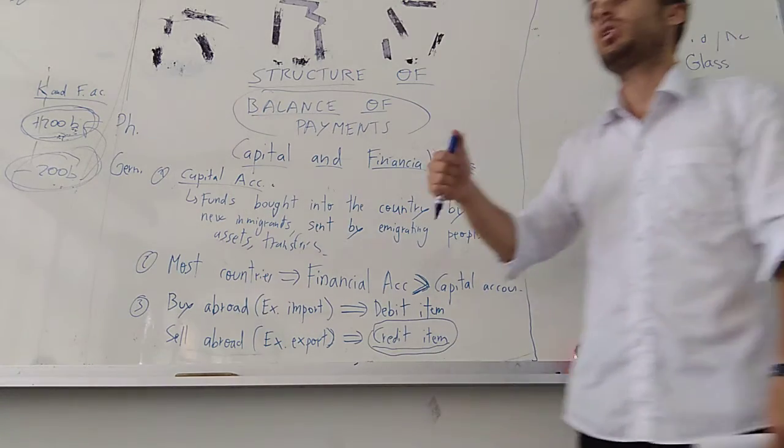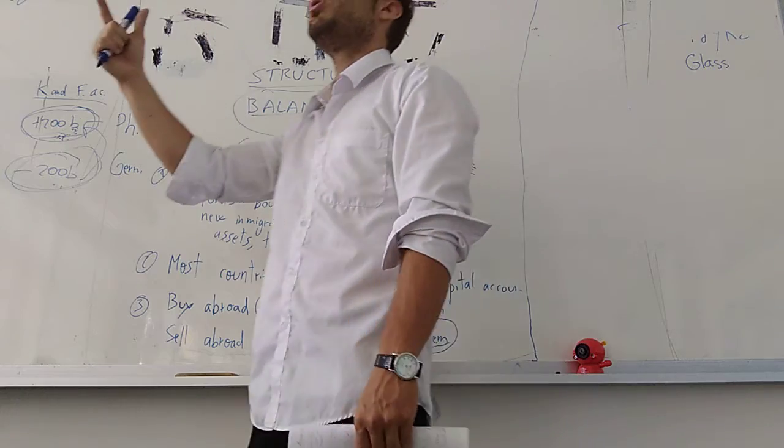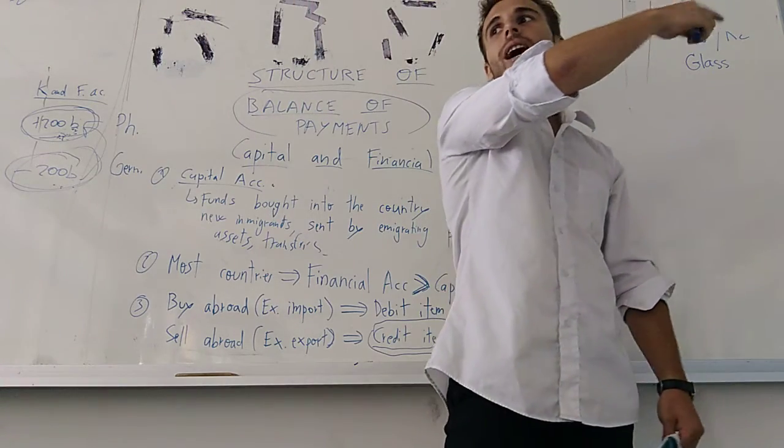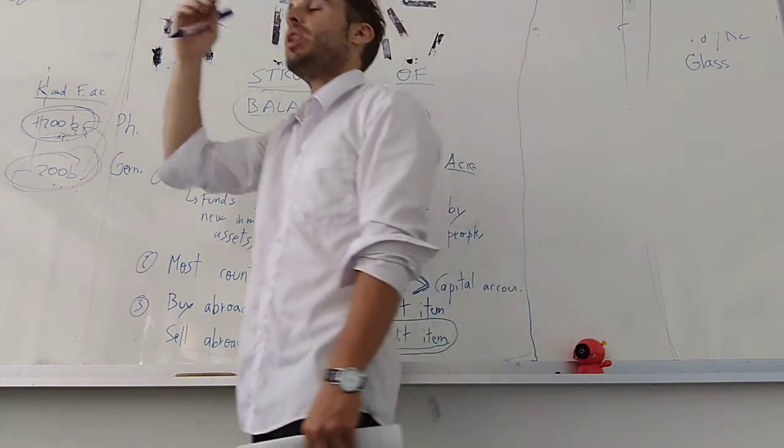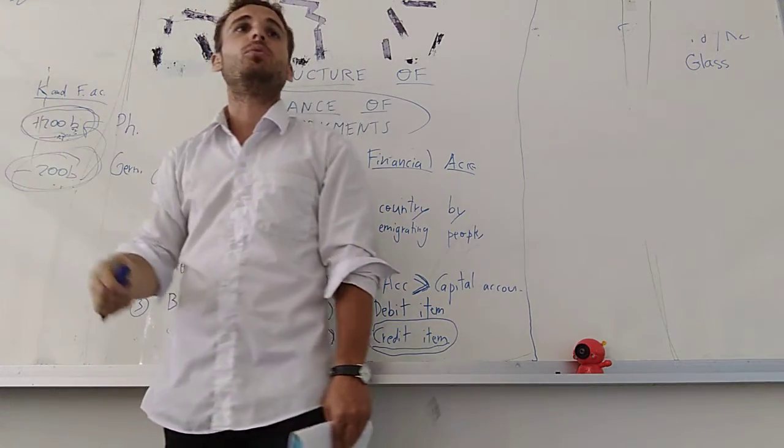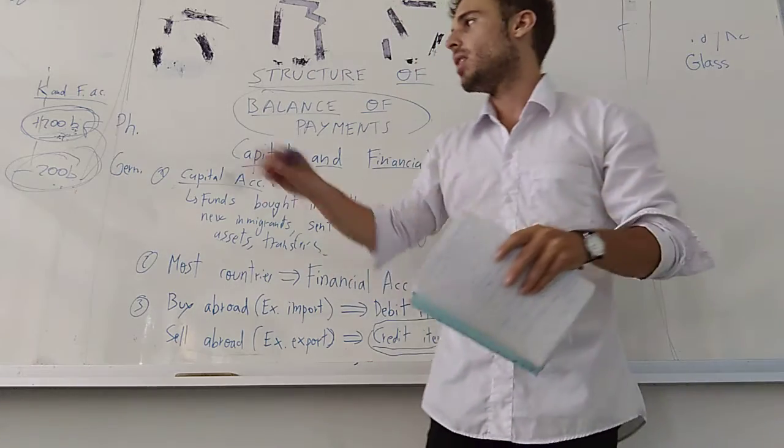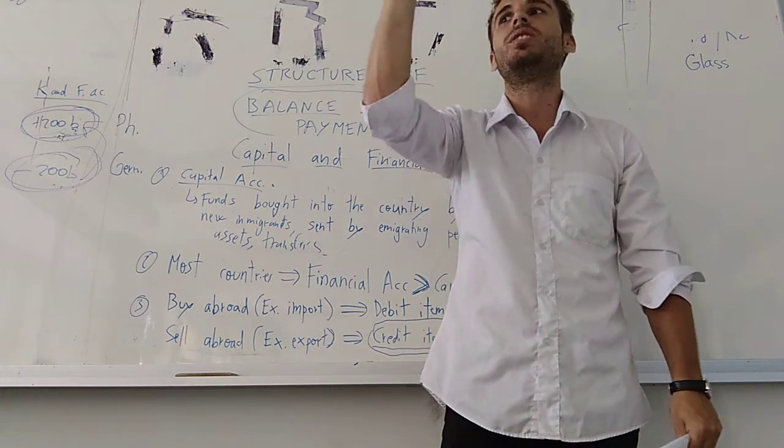So many times, if some countries have a positive number, it will be a negative number in a different one. And a negative number in, I don't know, Sweden can mean a positive number in Mongolia. So they have to match. If we put all the countries together, they should match in numbers and give zero.